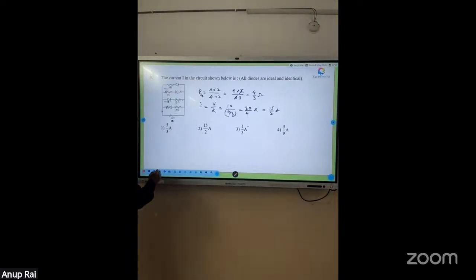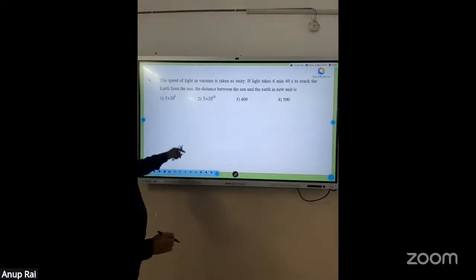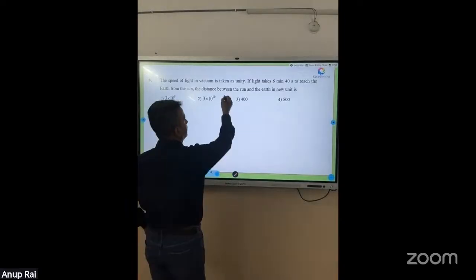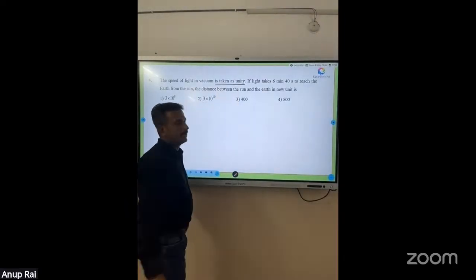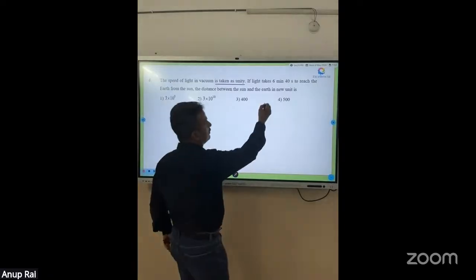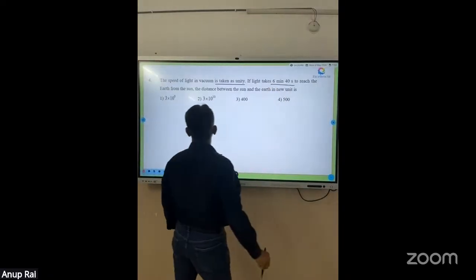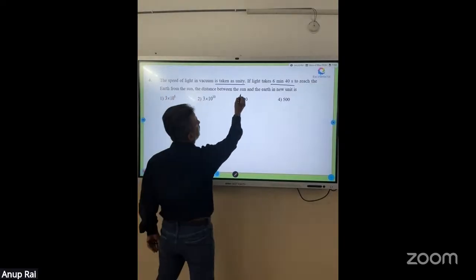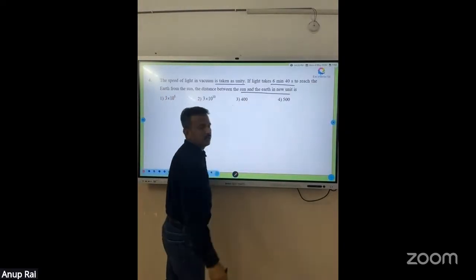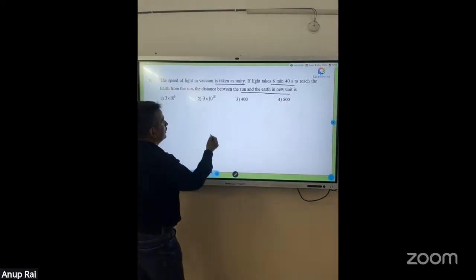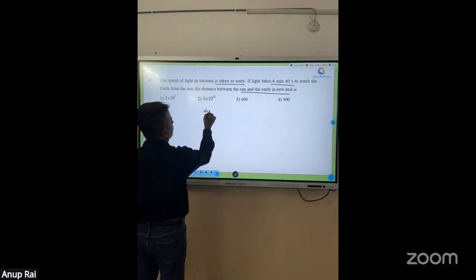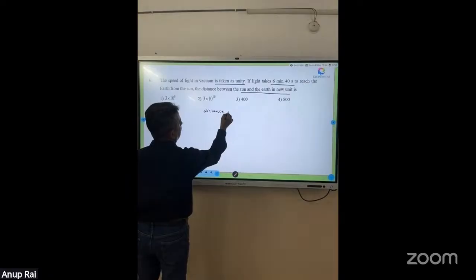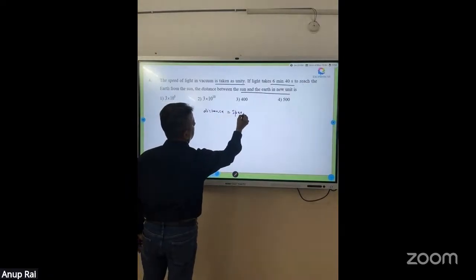We can go for the next. The speed of light in vacuum is taken as unity. You are taking the speed of light as unity. If light takes 6 minutes 40 seconds to reach the Earth from the sun, the distance between the sun and the Earth in the new unit is what we need to know. So we know that distance is equal to speed times time.